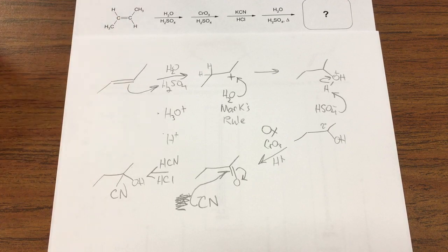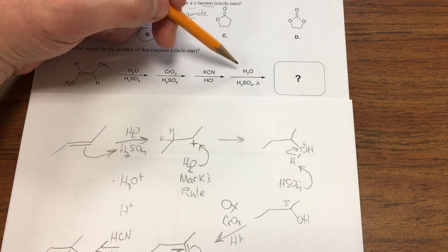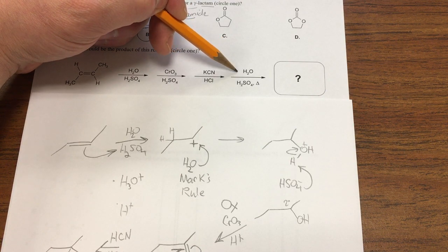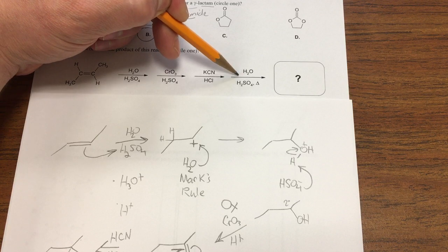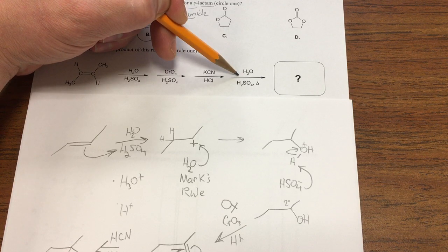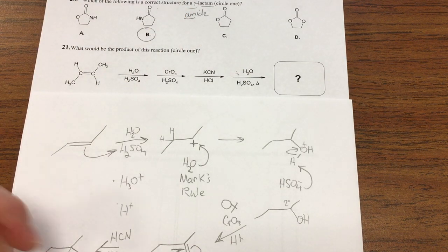This cyanohydrin is the key one for this particular chapter. This actually came up in the last chapter, 21. The cyano group can be hydrolyzed with acid or base. Usually when it's a cyanohydrin, it's an acid with a little bit of heat.